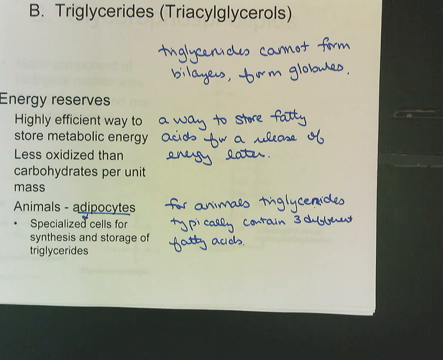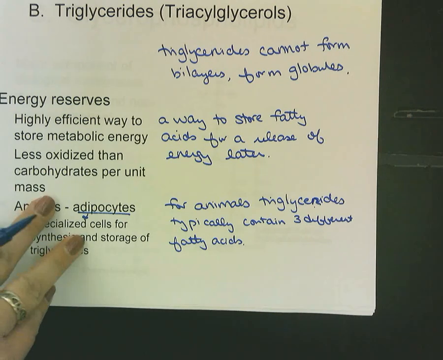So we can use fatty acids to form membranes, but not in this form. This is the energy storage form of fatty acids. So fatty acids can be used to form membranes, but not if they're in this form. Questions about my triglycerides? Okay.